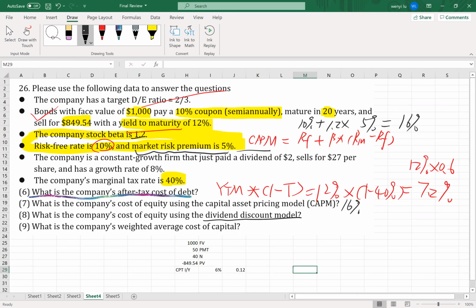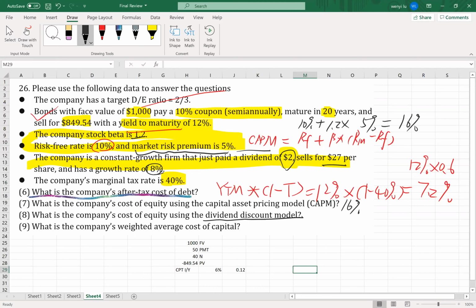How about using the dividend discount model? For the dividend discount model, we have the information from this part. Our dividend just paid is $2, and the price is 27. The growth rate of dividend is 8%.